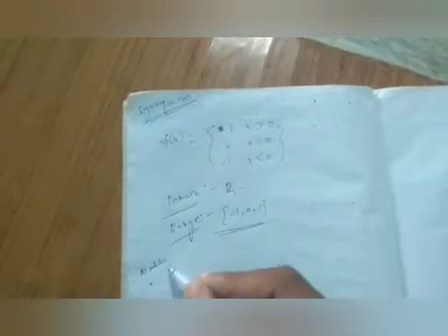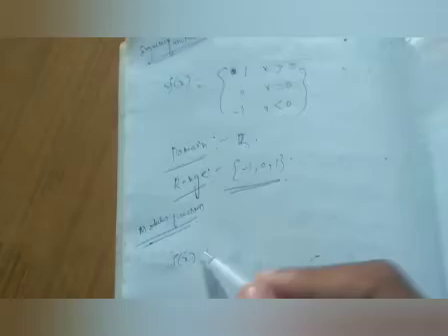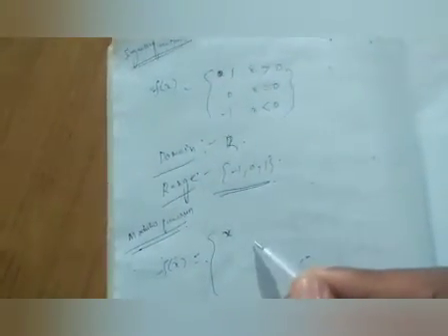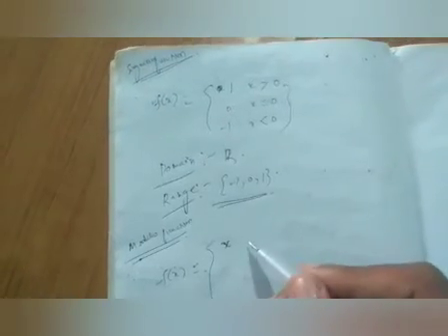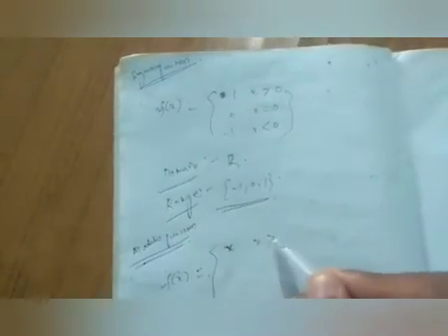So coming to the next one, the modulus function. What is the modulus function? The modulus function is defined as f of x equal to x for all x greater than or equal to 0 and minus x for all x less than 0.